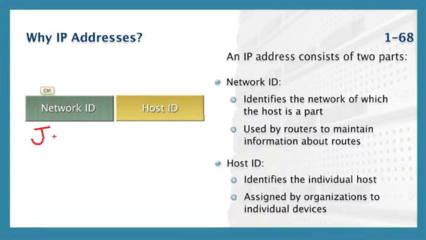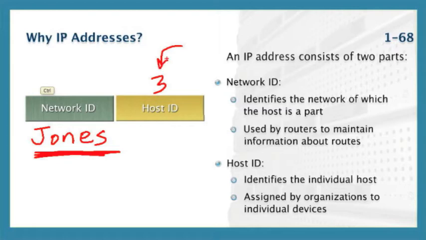So the street I was born on was called Jones Street. And we were at 3 Jones Street. So there was the street that I lived on, and then there was the particular unit number so you could find me on that street. And that is exactly how we are going to see that IP addresses work.